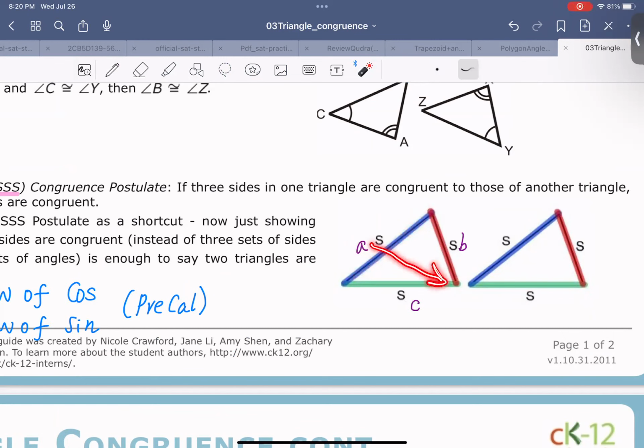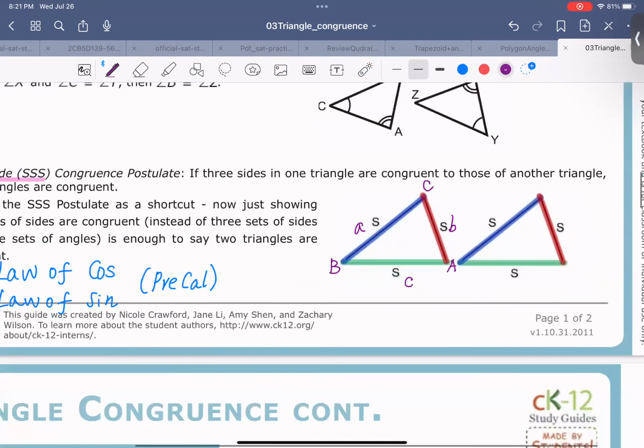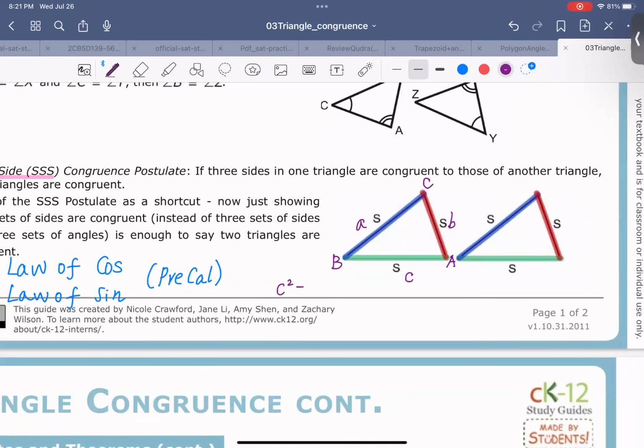So lowercase a points to capital A, lowercase c points to capital C, and lowercase b points to capital B. You have this, and then you will have c squared equals a squared plus b squared.